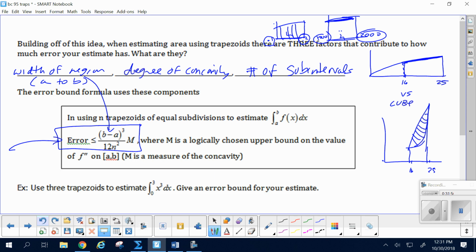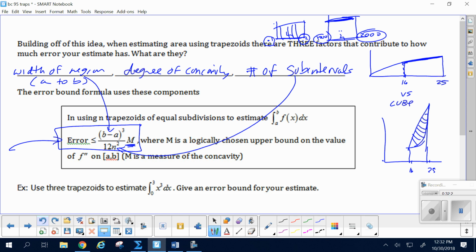The n also comes from how many intervals. Again, the 12 comes through the proof. And the M is a measure of how concave it is. M really stands for the maximum possible concavity, or an upper bound on the concavity of the curve.